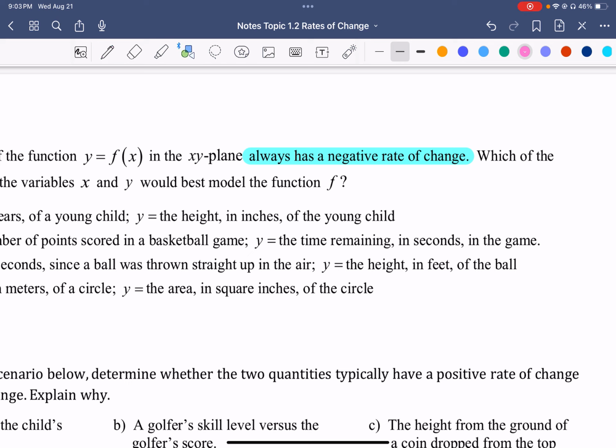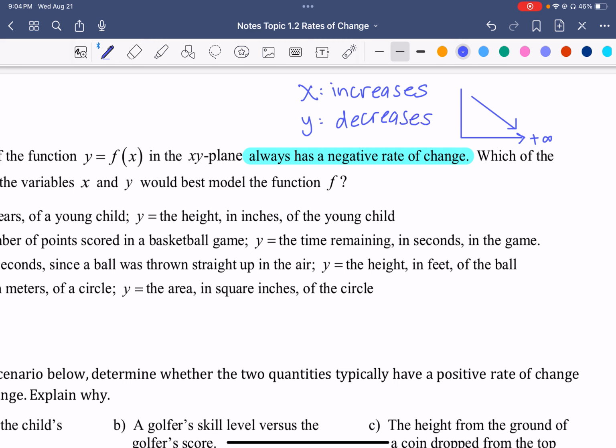So if I were to draw that scenario, I would expect to see a line that is going down like this. What that means is as your x values increase, because in this direction you're going towards the positive numbers, right? So as your x variable is increasing, your y variable should be decreasing.